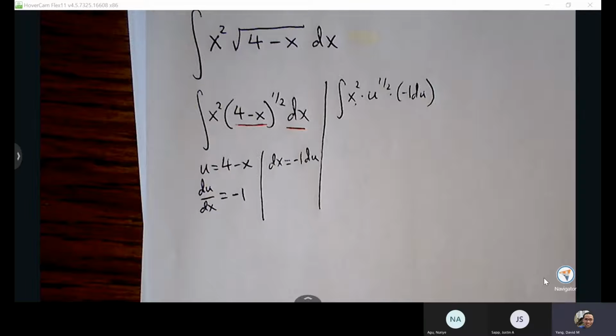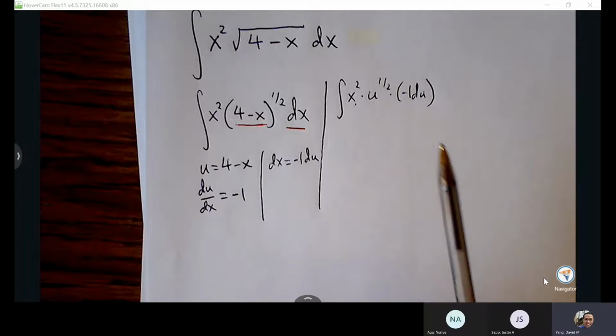Du over -1 is the same thing as -1 du. I can put that -1 wherever I want to. Divided by -1 is the same thing as multiplying by -1. So just to make it a little cleaner, I'm just going to leave it as -1. It's not wrong if you put divide by -1, but ultimately it's still going to be the same thing.